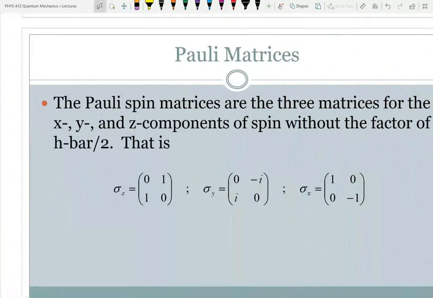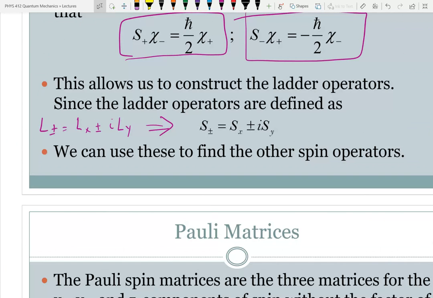So now I can come over here and say, well, S plus plus S minus is equal to 2SX. Right, because if I do S plus plus S minus, each one has an SX. And then the i SYs are going to cancel out. Well, they'll add out to 0, excuse me.